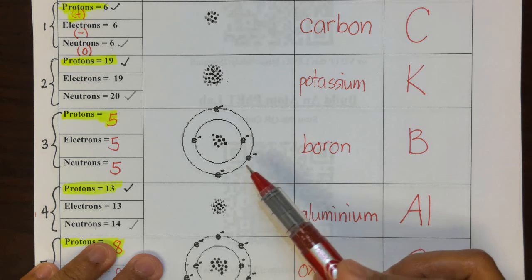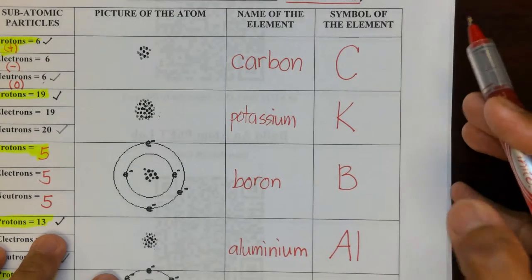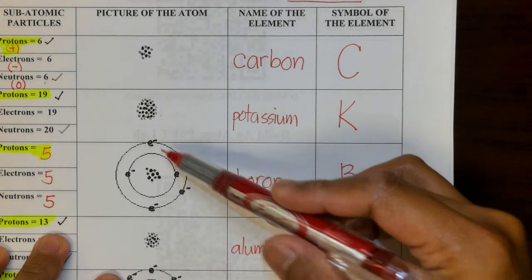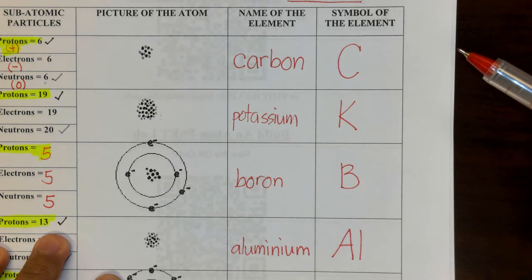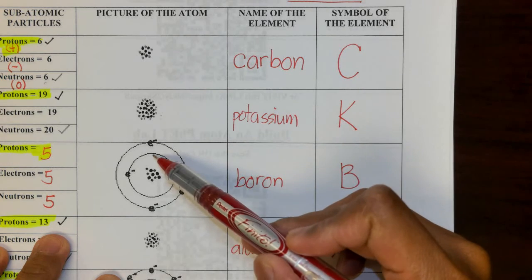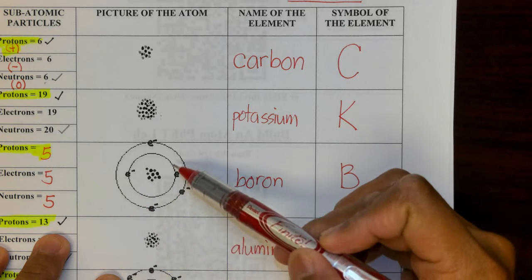And the rules are the following, which I will write down on the paper, okay? The electrons are occupying the electron cloud. Your electron cloud has energy levels, and the energy levels are represented by this circular line that you put.